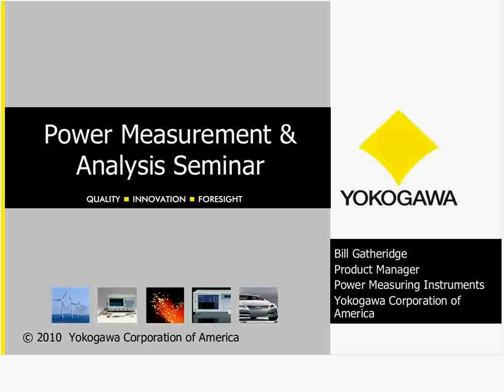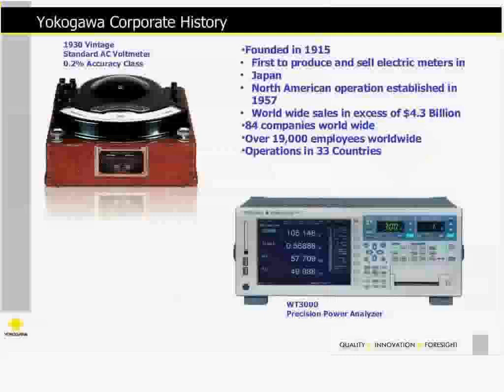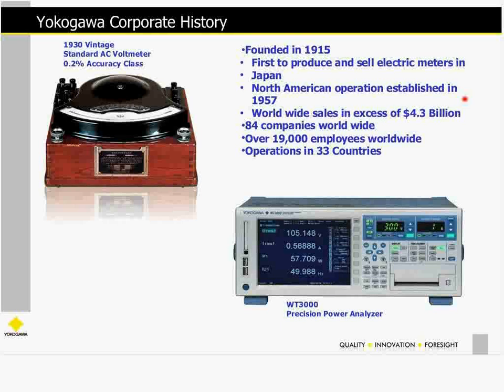Thank you for joining our seminar today on power analysis. We've got a lot to cover today, a lot of interesting subjects, a little bit about Yokogawa and the corporate history. The company was founded in 1915 based on electrical meters, the analog meters, that were originally sold in Japan. The North American operation began in 1957.